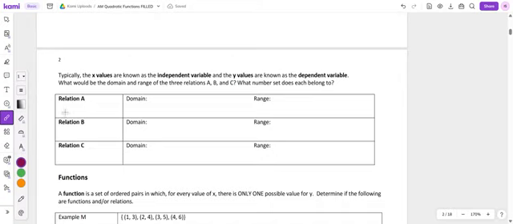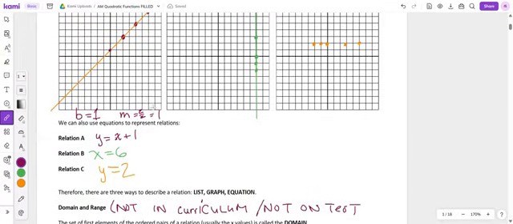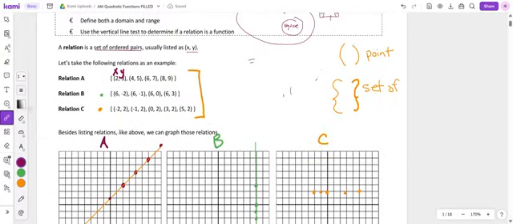So for relation A, I want to know what's the domain and range. Now, the domain and range is still a set. So what type of bracket will I use if it's still a set? I'm going to use a curly bracket. And I'm just going to make a list. So in relation 1, I've got 2, 4, 6, 8.